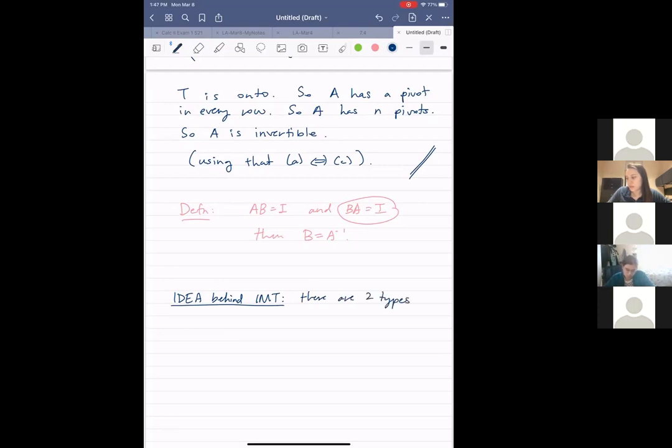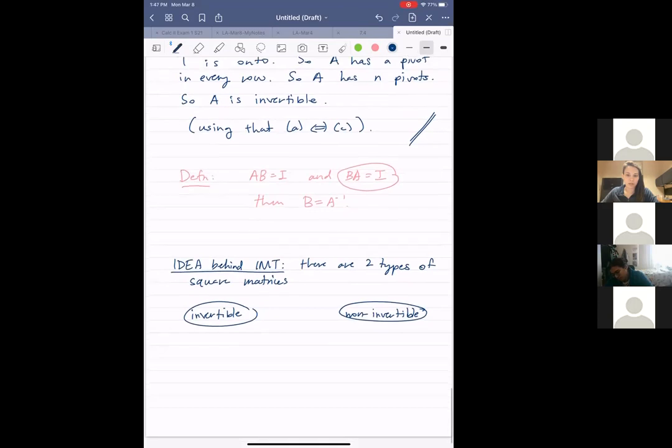We can sort of split them down the middle, right? So on one side, we have the invertible matrices, and on the other side, we have non-invertible matrices. And they're like two different camps, right?